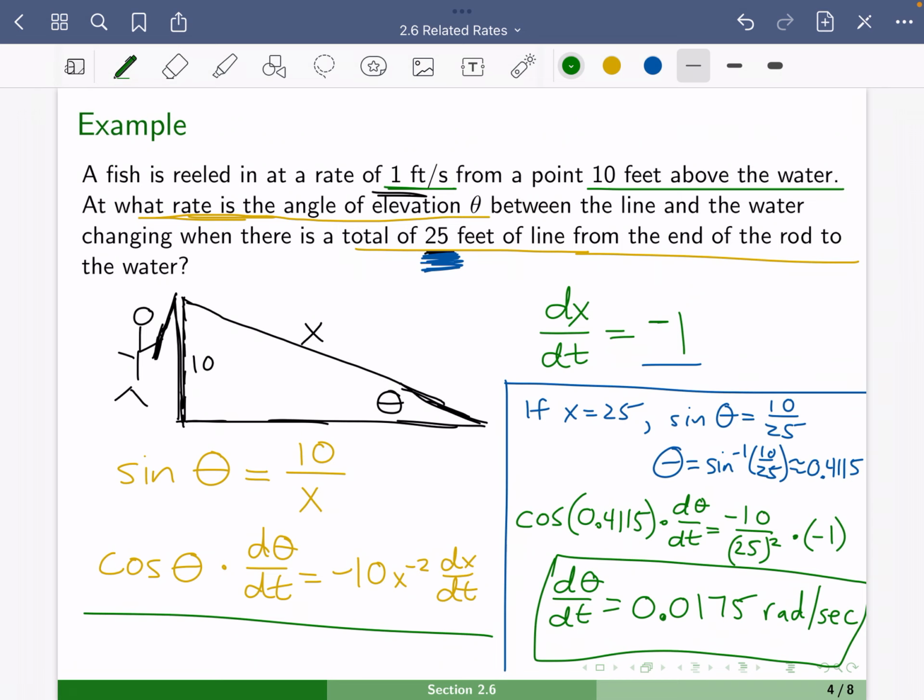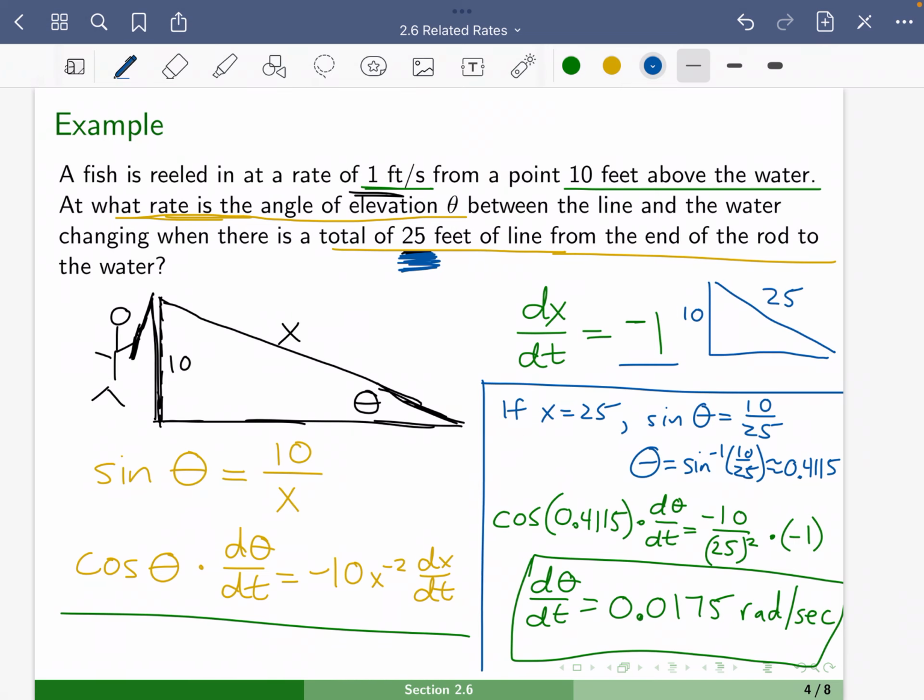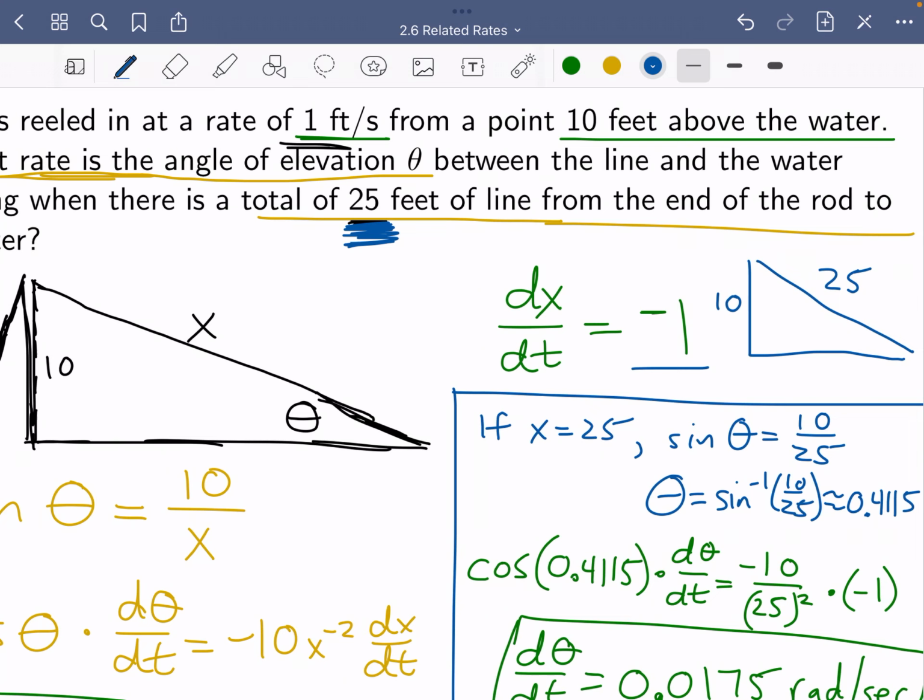One other thing I might mention on this problem, we could have done this without finding this value of theta. We could have drawn this triangle that's related to this specific situation. So when this is 25 and this is 10, we could have found this remaining side using the Pythagorean theorem. So this is theta.